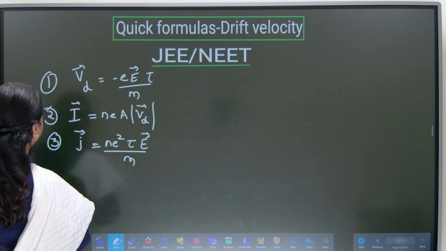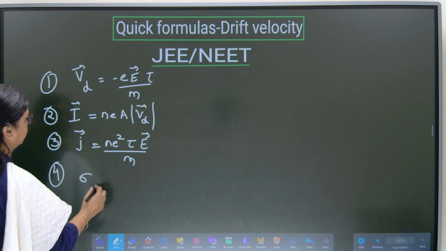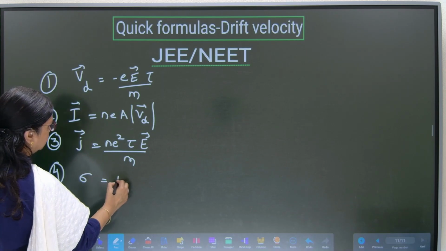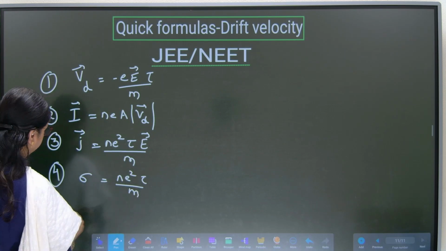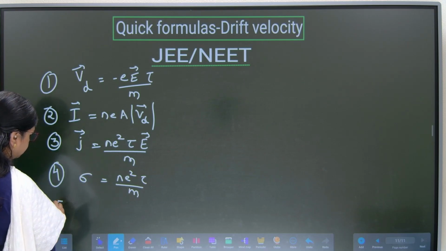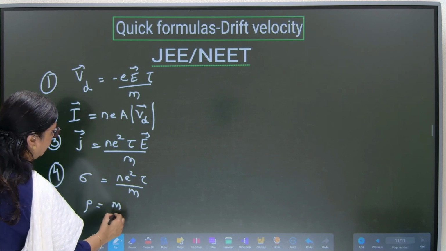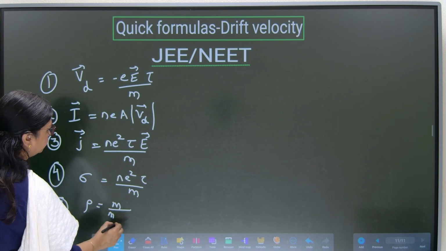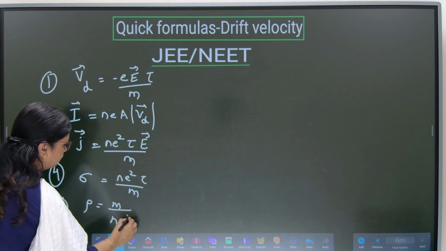Then we derived a formula for sigma, that is the conductivity, which is equal to N e square tau upon m. Then we derived a formula for resistivity, which is equal to the reciprocal of conductivity, given by m upon N e square tau.